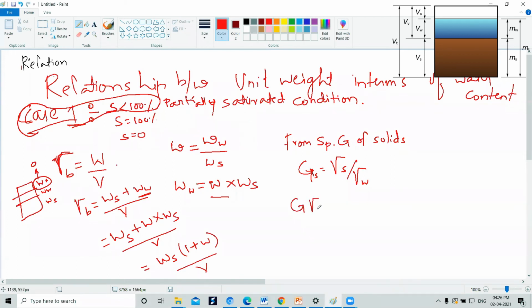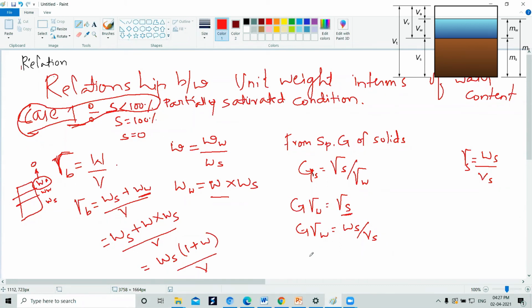G into rho W is equal to rho S. Now what is rho S? You know it is weight divided by VS, right? Rho S is unit weight of solids, which is weight of solids divided by volume of the solids. Now bring it here. G rho W is equal to weight of solids divided by volume of the solids.